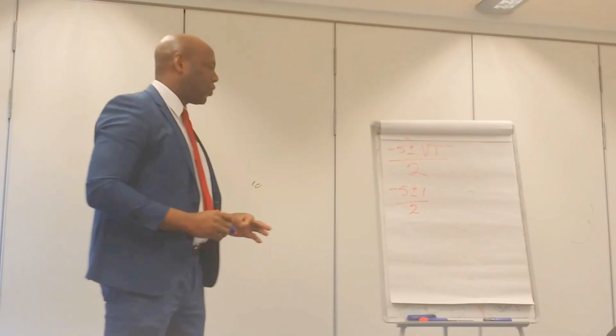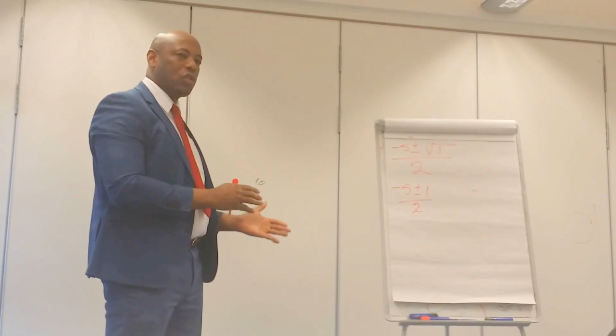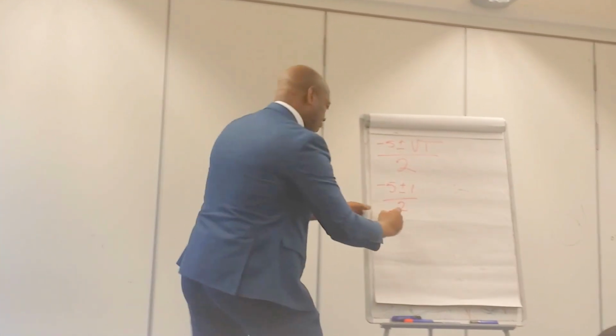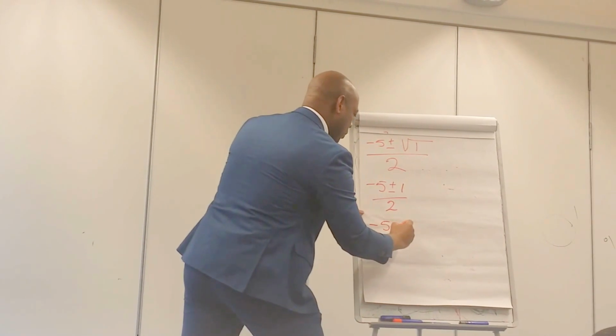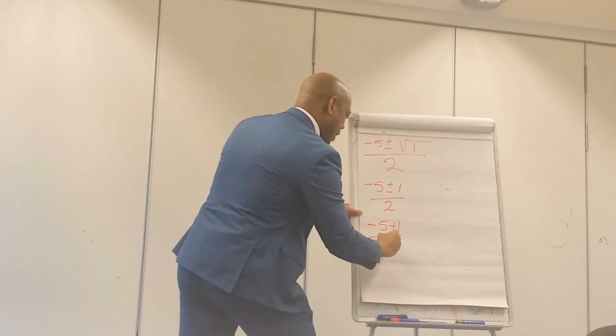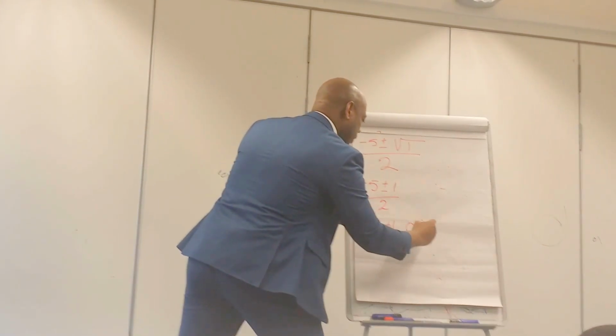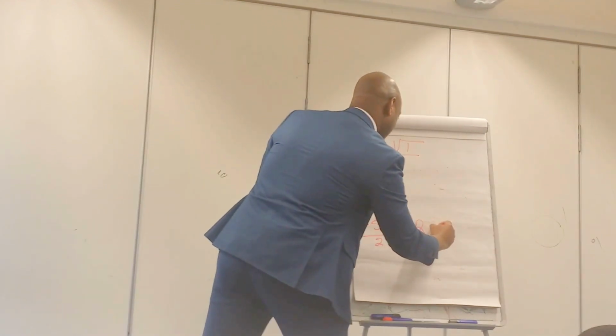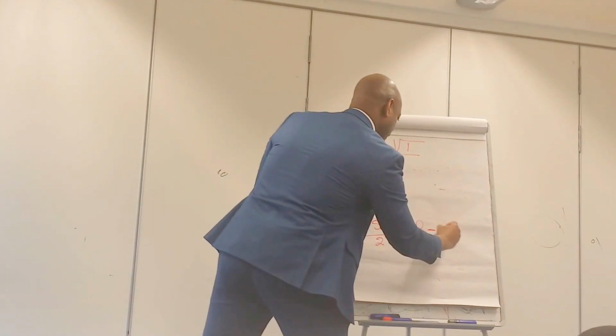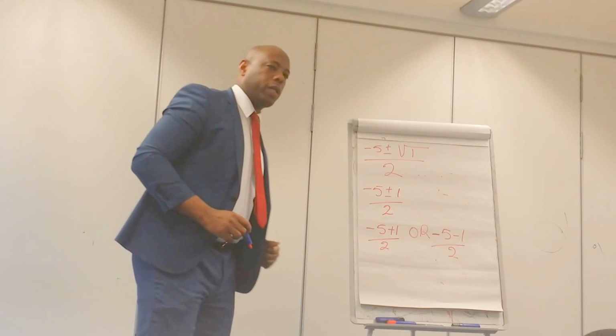Okay, so now we need to find the two roots of the equation. So we are going to say x is equal to minus 5 plus 1 divided by 2, or x is equal to minus 5 minus 1 divided by 2. What is minus 5 plus 1?